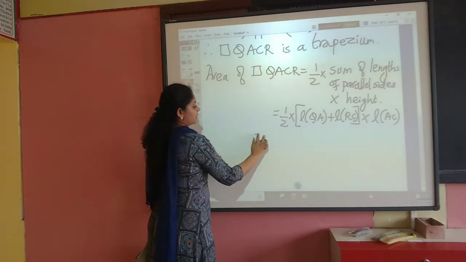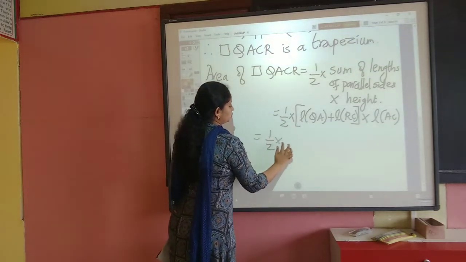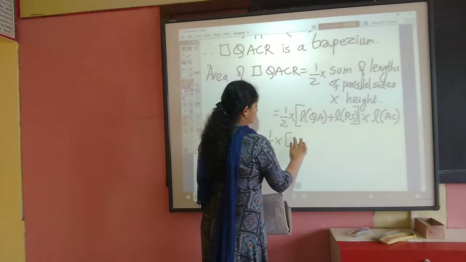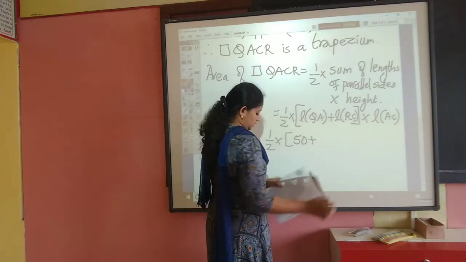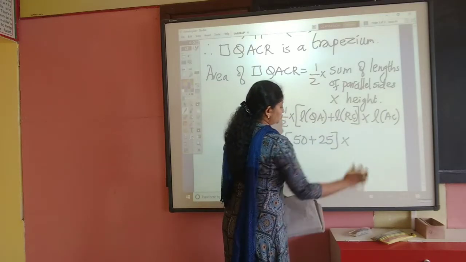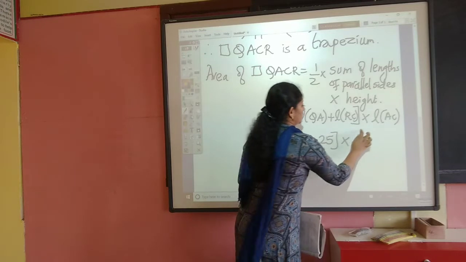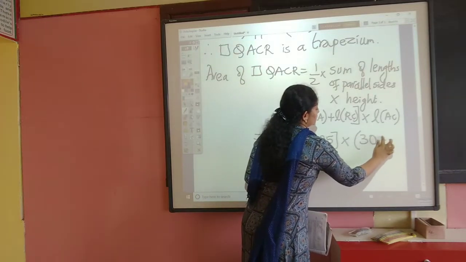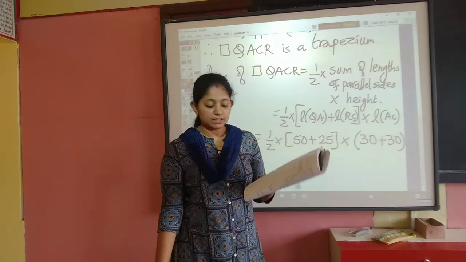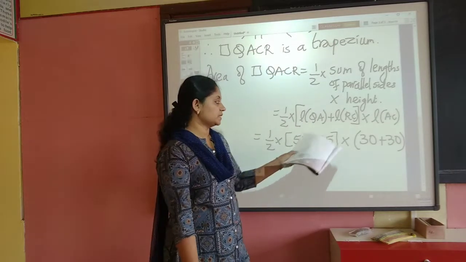Now substitute the value. So half into QA given as 50. Okay, so 50 plus RC is 25 into AC is how much? It is 30 plus 30. You can see AC is nothing but AB plus BC. So 30 plus 30 you will get.